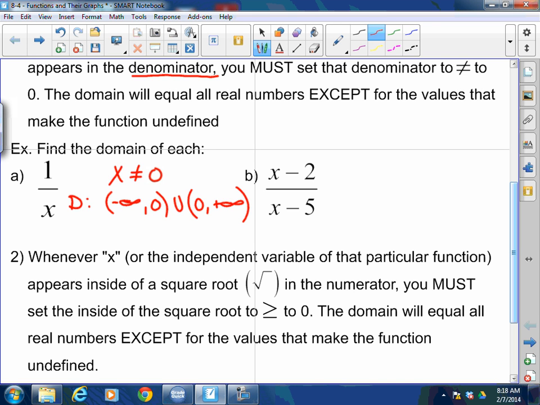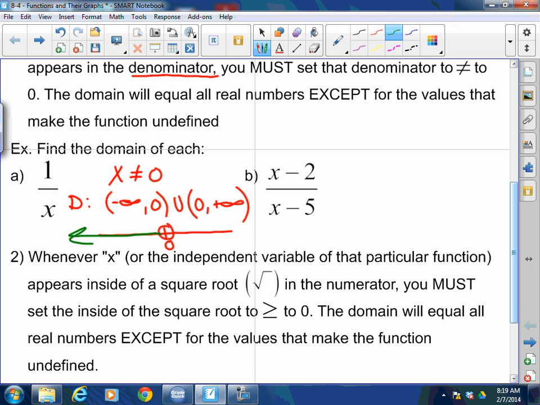Now, let me show you what I'm picturing in my brain so that you can see this easily. And until you start picturing it, you can write this down. If I have a number line, here's my 0. I know that 0 cannot be the solution, correct? But can't everything to the left of 0 be a solution?